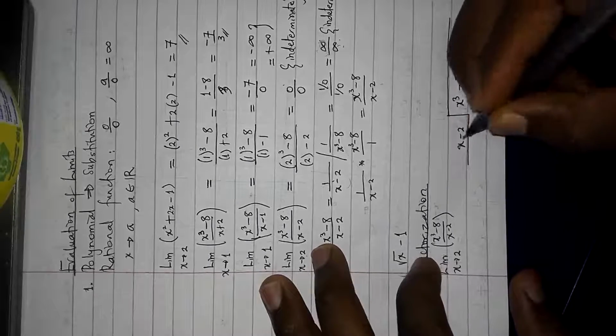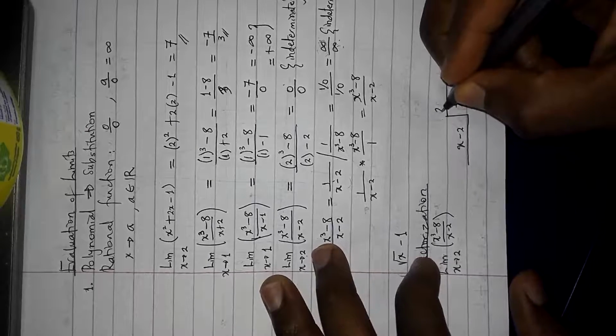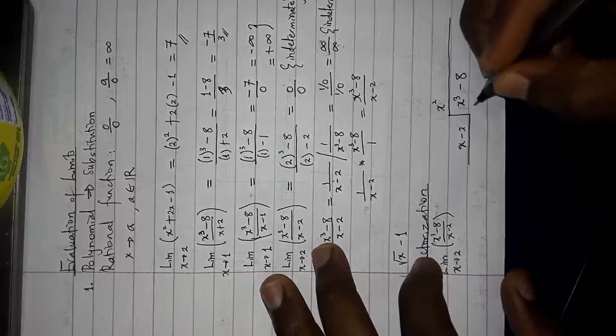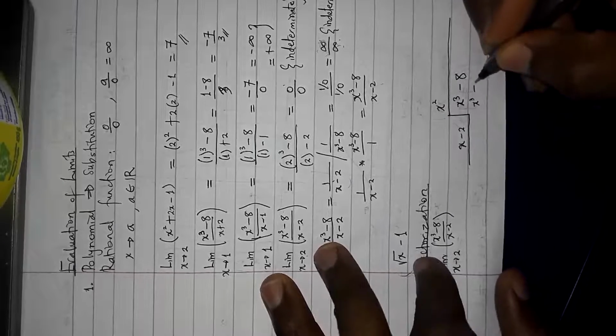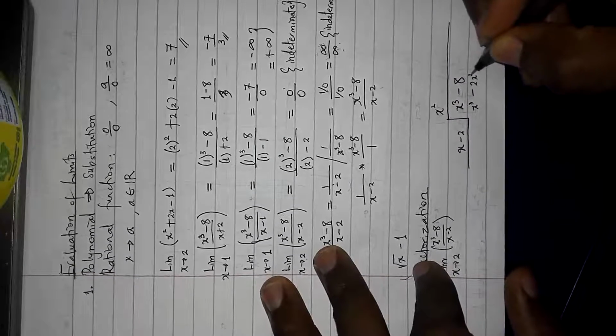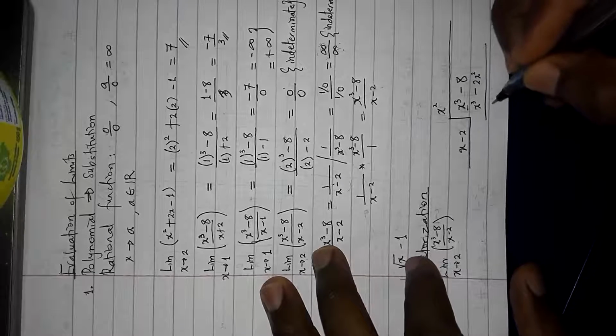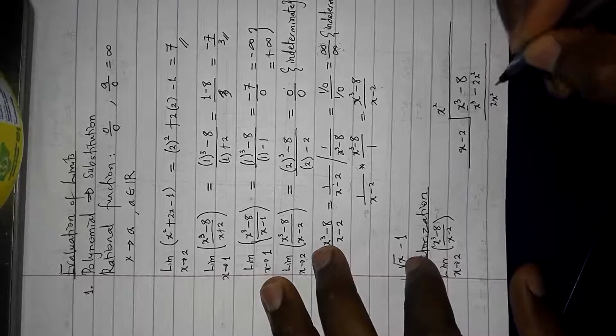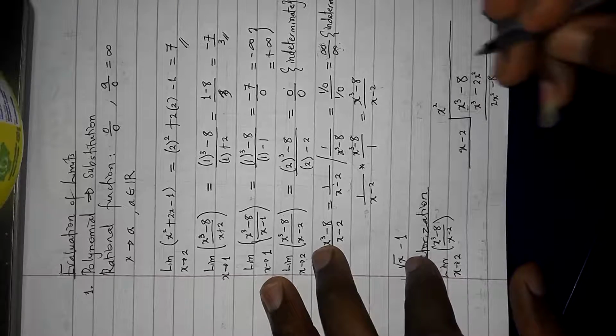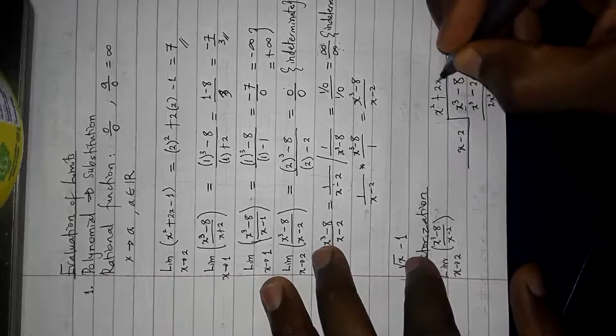x cubed minus 8. x in this is x squared, so x cubed minus 2x squared. Subtract, this goes to 0, then you have 2x squared minus 8. Then x in this is 2x, so you have plus 2x.